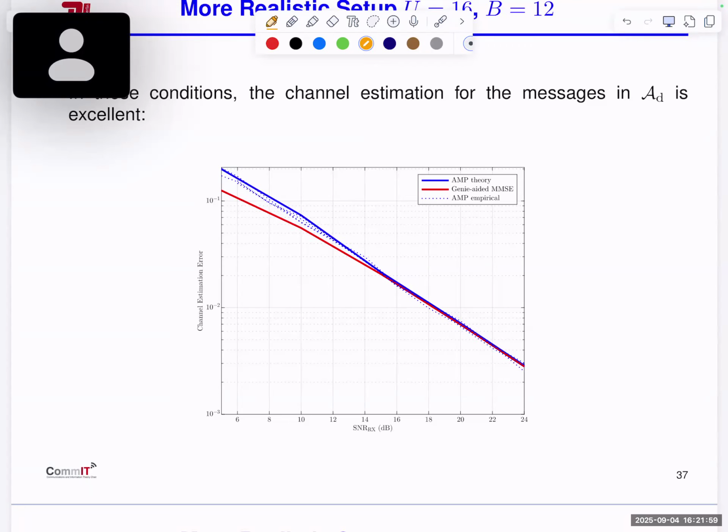And so the genie-aided, assuming perfect knowledge of the user codewords, is the red curve, the AMP theory and the AMP empirical are the blue curves, and you can see that the channel estimation is nearly ideal, in the sense that it's nearly genie-aided.